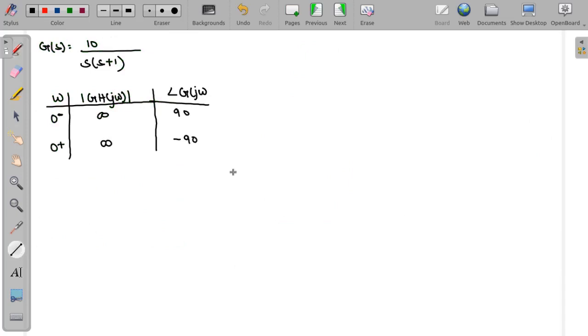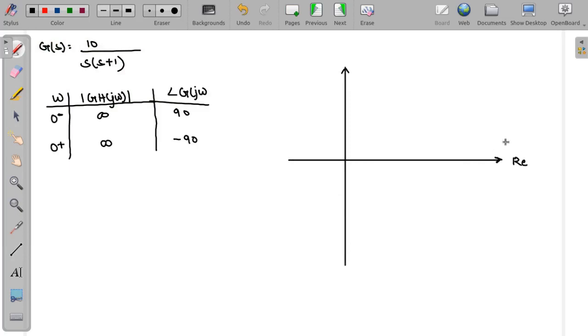So now if you want to sketch the frequency plot for this much, this is the real part of G(j omega), and this will be the imaginary part of G(j omega). You can see this is going from plus 90 to minus 90.